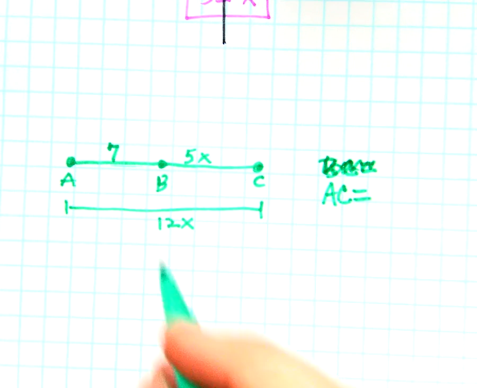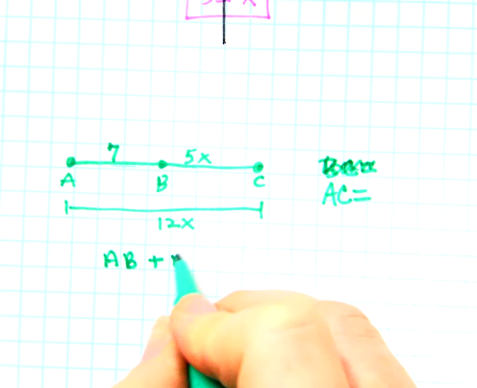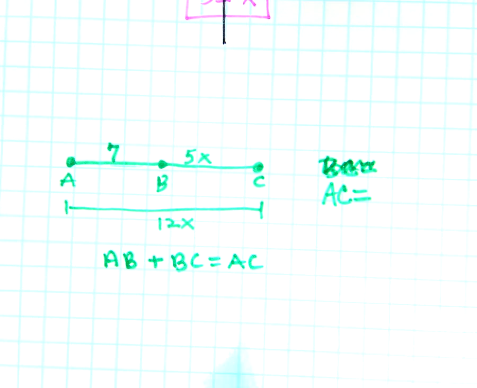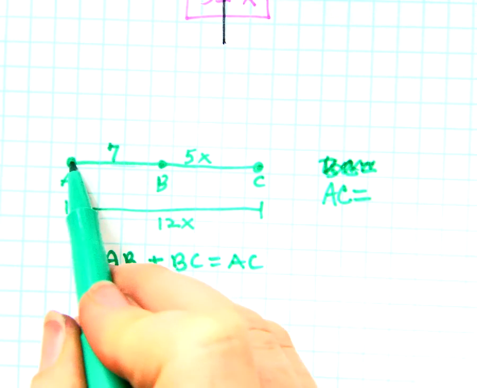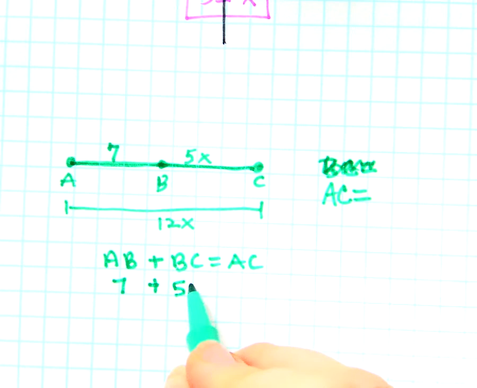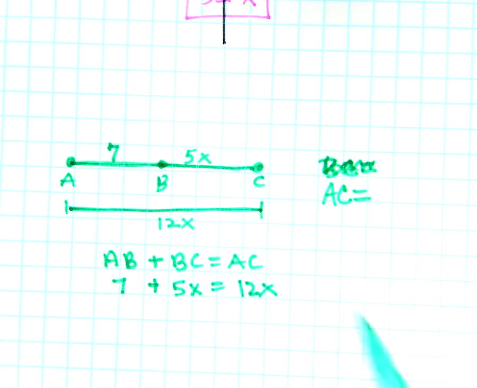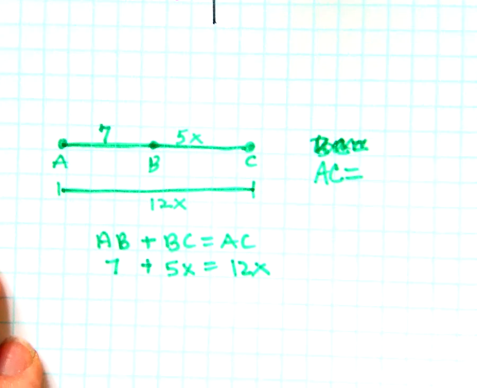Okay. From there, I can set up my equation, because I know that AB plus BC equals the entire thing AC. So 7 plus 5x equals the whole thing, which is 12x. All right.